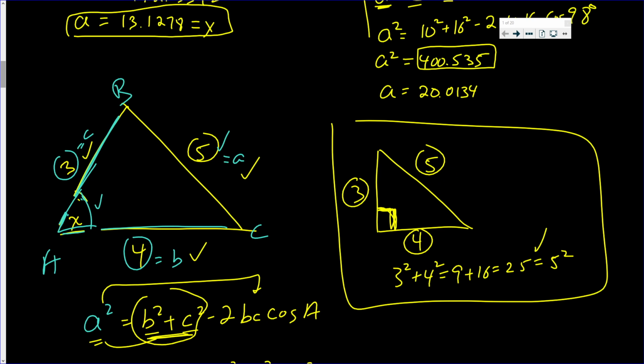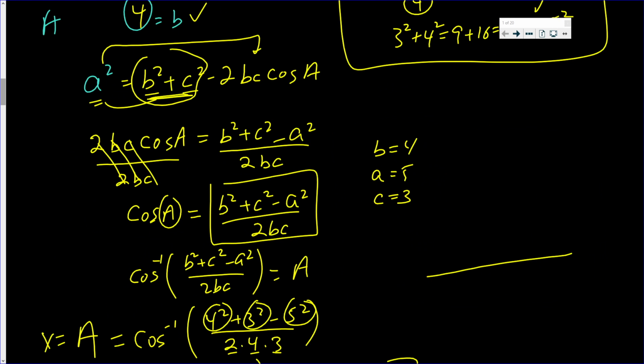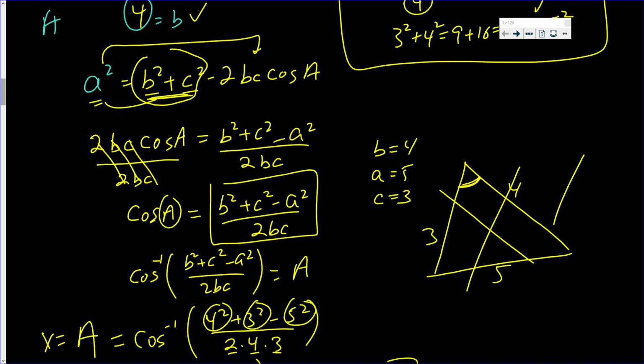In other words, you can't have a triangle where this is 3, this is 4, and this is 5, and that's not a right angle. It's not going to happen. This will not happen. This will happen. That's a right angle. 3, 4, 5.